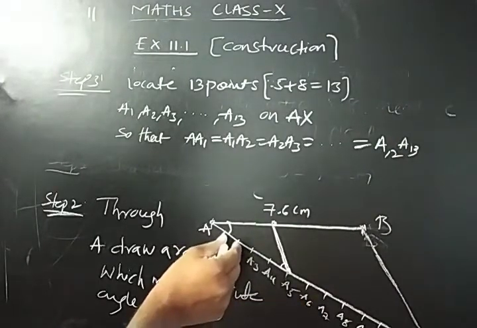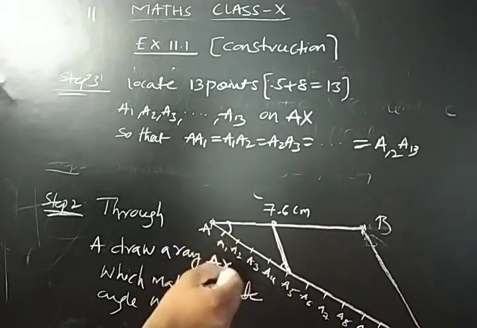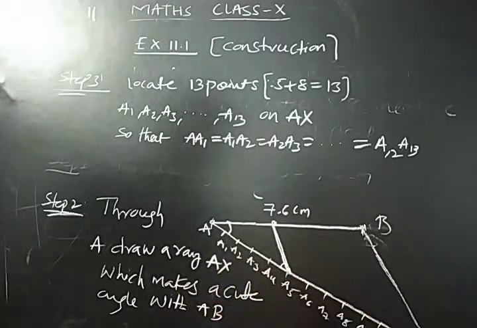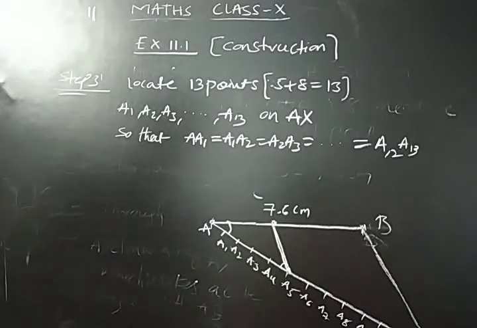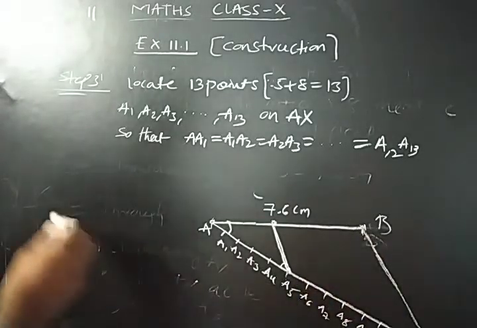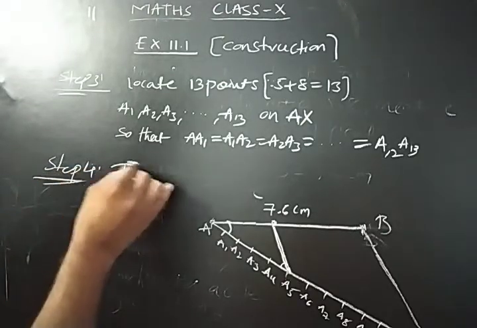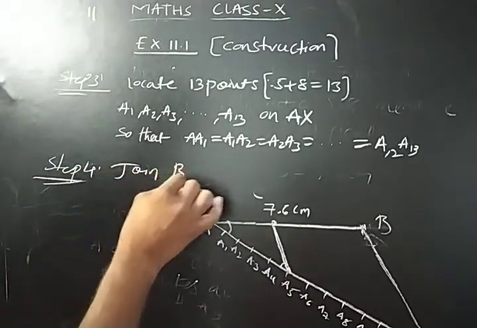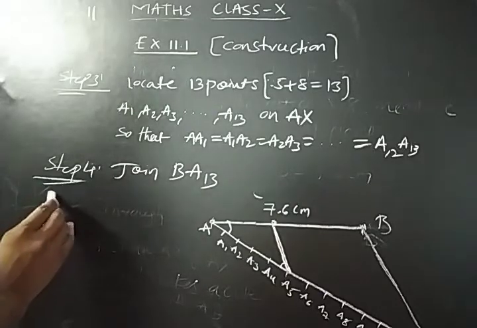After dividing this ray into 13 equal parts, what should we do? We have to join B and A13 in step 4. Join BA13. After joining BA13, go to step 5.